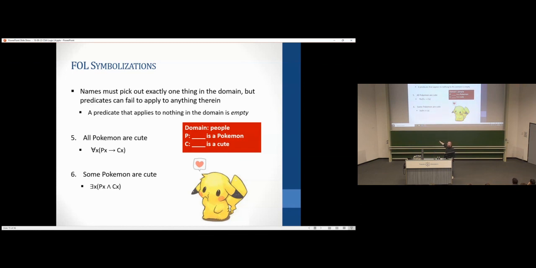And if we do that, that's guaranteeing that the whole universal conditional is true. 5 is true. But 6 is false. And 6 is false because no matter how hard we look, we can't find something that's both a Pokemon and cute. We might find lots of cute people, but we never find a cute Pokemon because Pokemon aren't people.